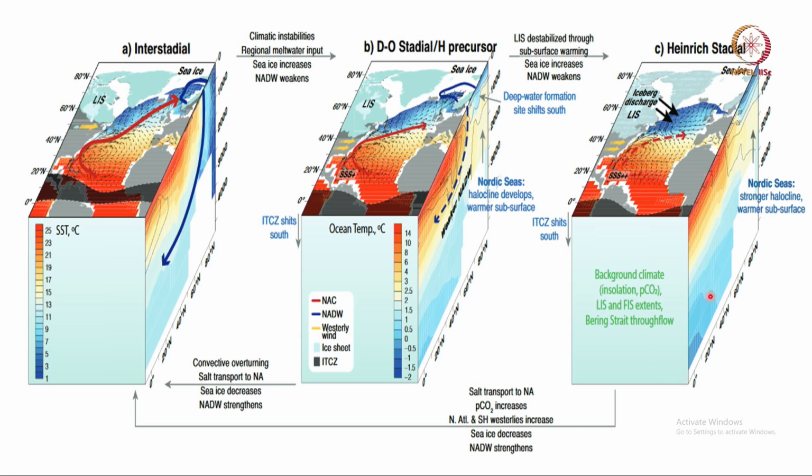So, this is a 3-dimensional picture you are getting, and it is showing that when the Heinrich event occurred, that is a lot of icebergs fell into the ocean from North America and Greenland, iceberg discharge.